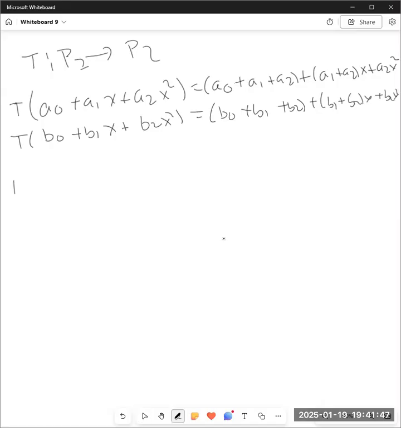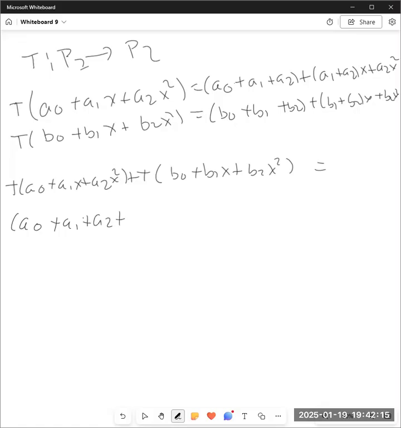When I add these together, T of a0 plus a1x plus a2x squared plus T of b0 plus b1x plus b2x squared needs to be equal to a0, a1, a2, b0, b1, b2, plus a1, a2, b1, b2 x, plus a2 plus b2 x squared.